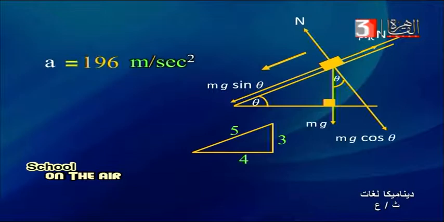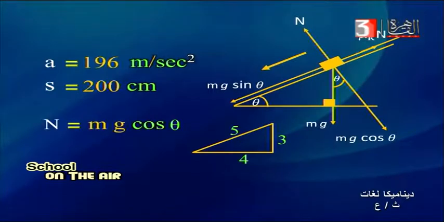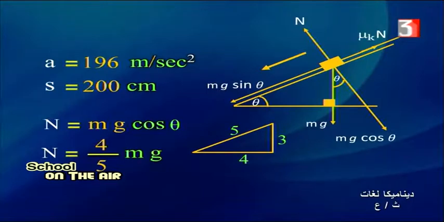The acceleration of motion is 196 cm per second squared, and the body traveled 200 centimeter on the plane, or the distance s equals 200 centimeter. Now N equals mg cosine theta, cosine theta is 4 over 5, then N equals 4 over 5 mg.